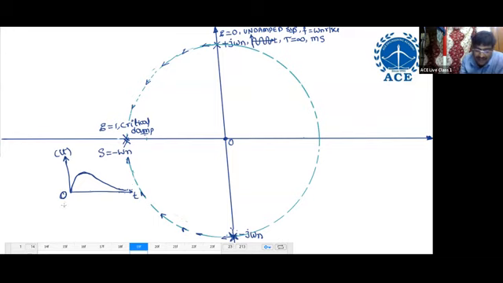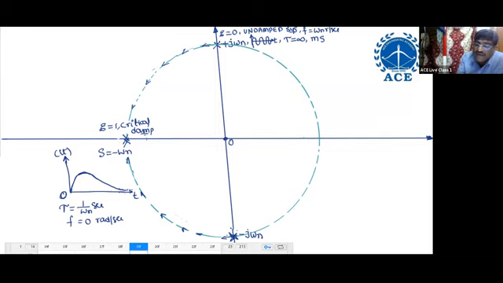Next, what is the time constant? 1 by omega n seconds. Frequency of oscillation is 0 radians per second. So this is the complete information about the critically damped system.